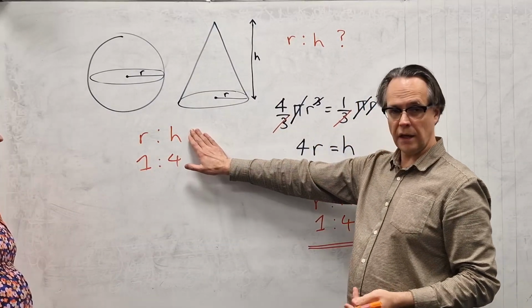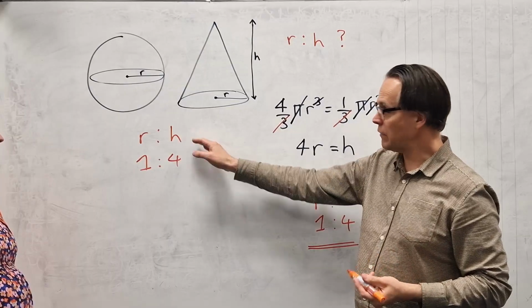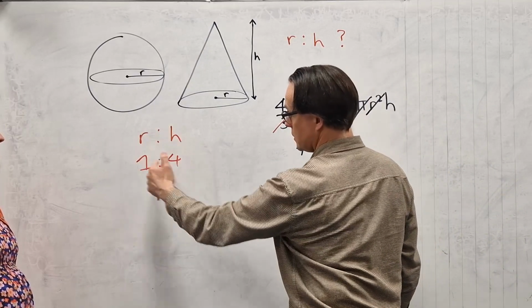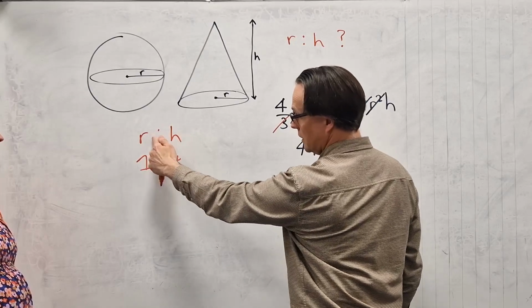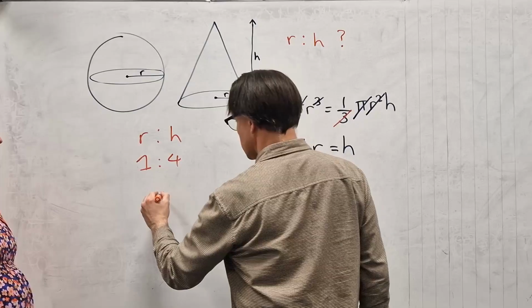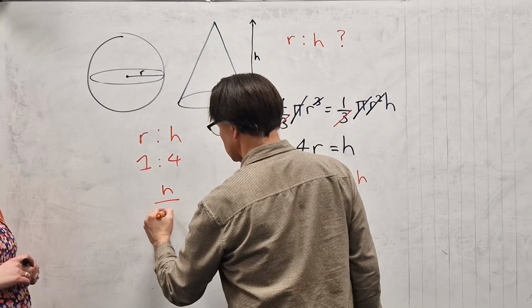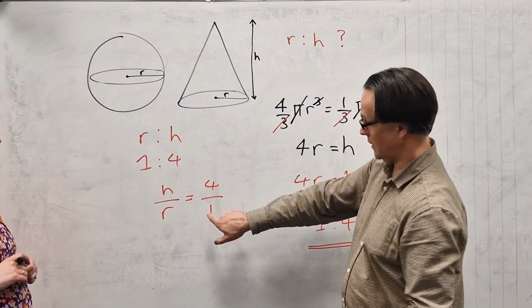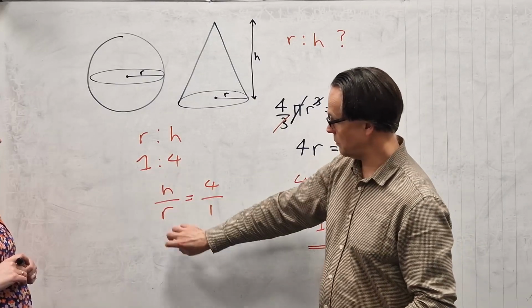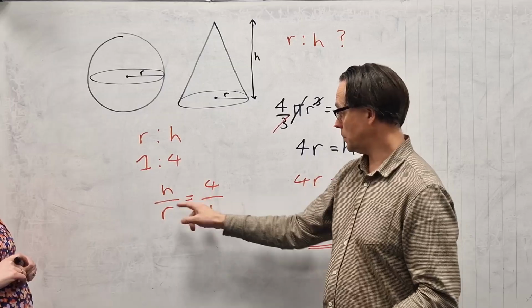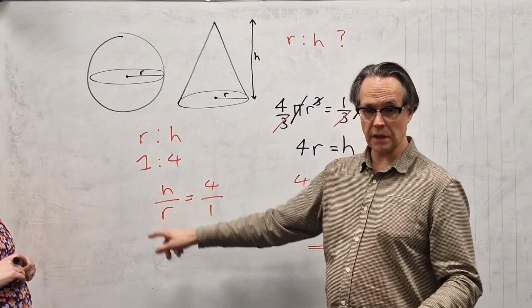Another way to think of it is that ratios and fractions are kind of the same thing. If this ratio is equal to this, we're saying that this divided by that is equal to this divided by this. So we could say h over r is equal to 4 over 1, and then if we multiply both sides by 1 and multiply both sides by r, cross multiplying essentially, we end up with 4r equals h.